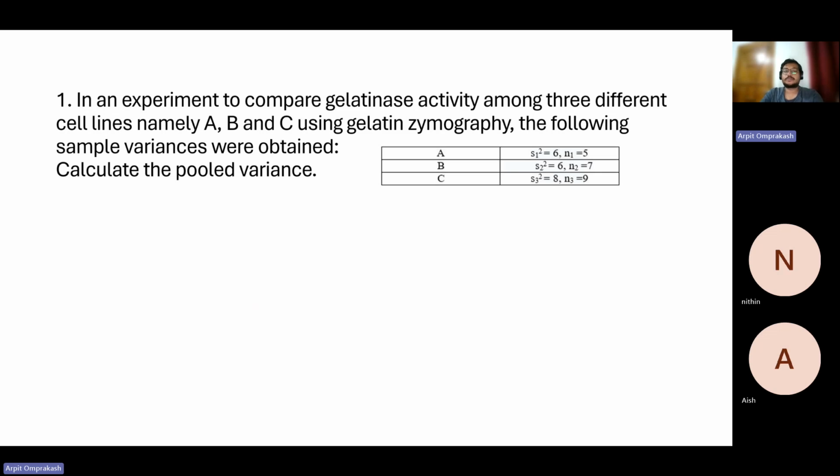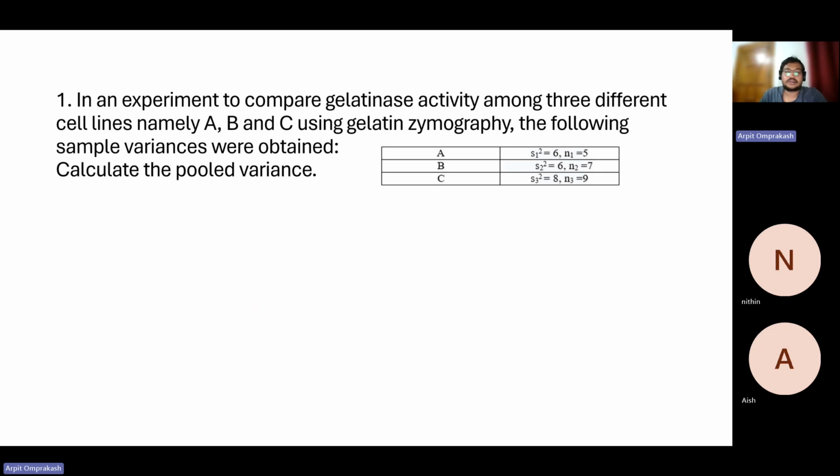And by using some technique, we are looking at three different cell lines. For the samples that we got, these are the sample variances and the number of readings or samples taken for each of these cell lines.